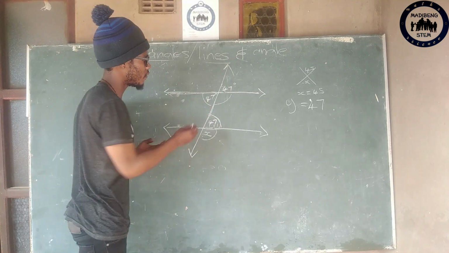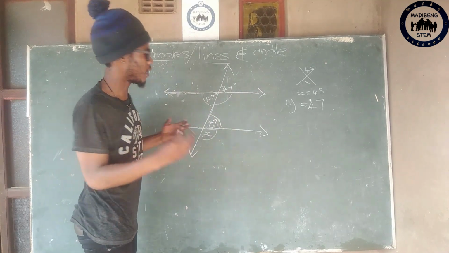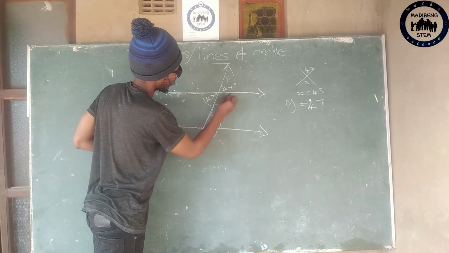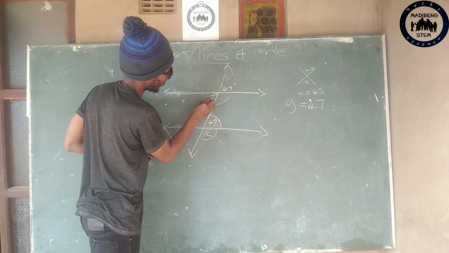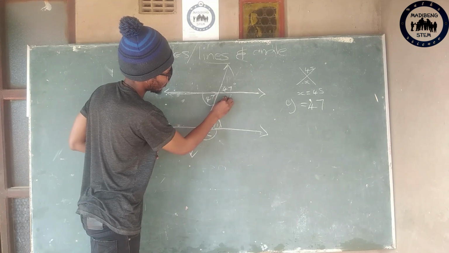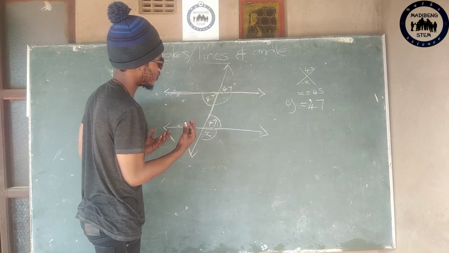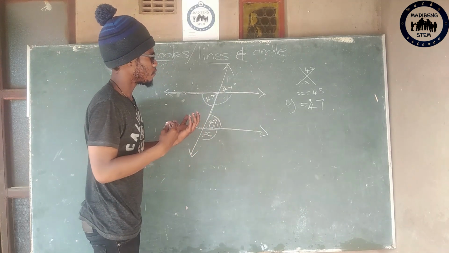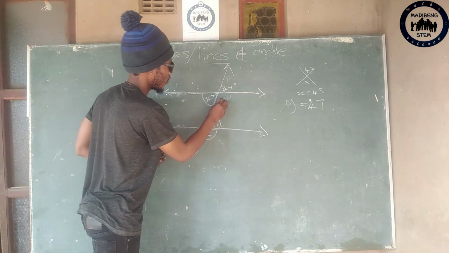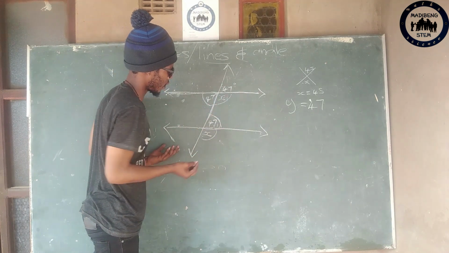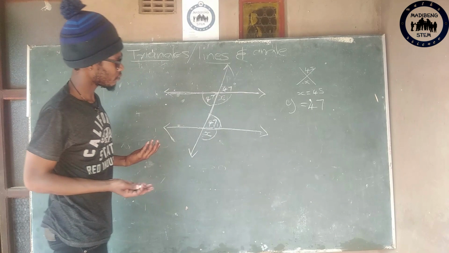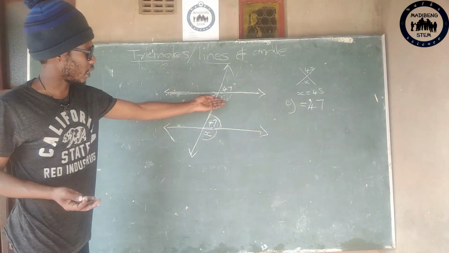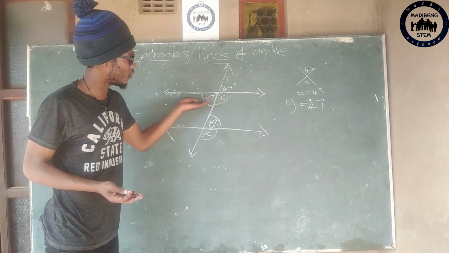We know the sum of the angles on a straight line. This is a straight line, and we have an angle here, and an angle that is larger than 90. We don't know this angle, let me say it's x.